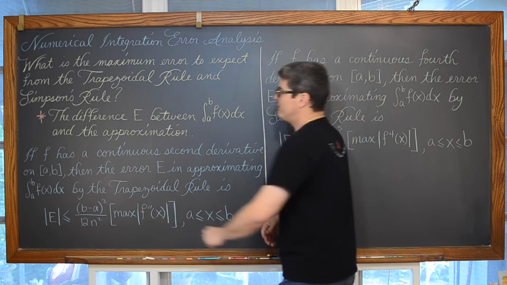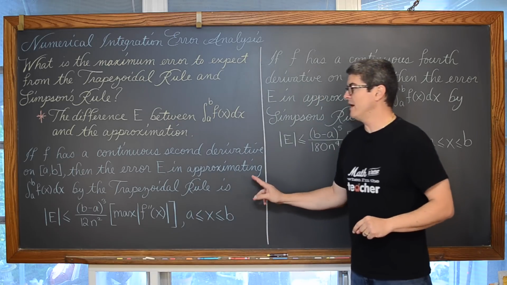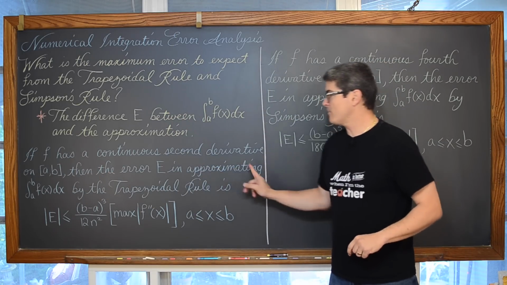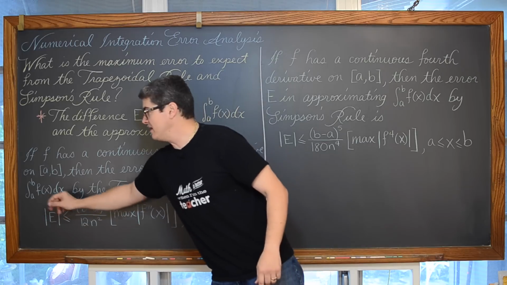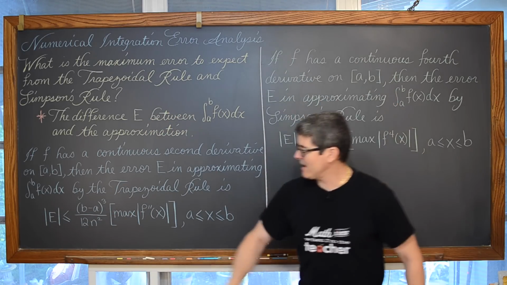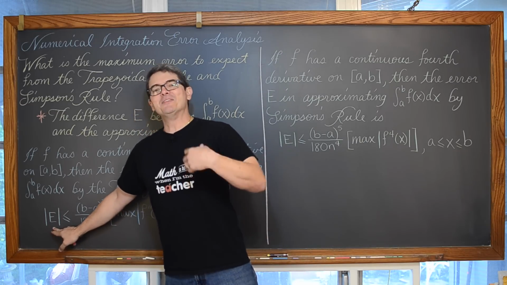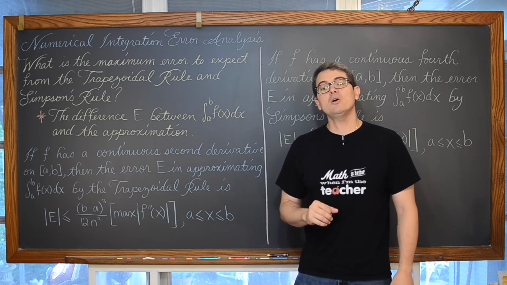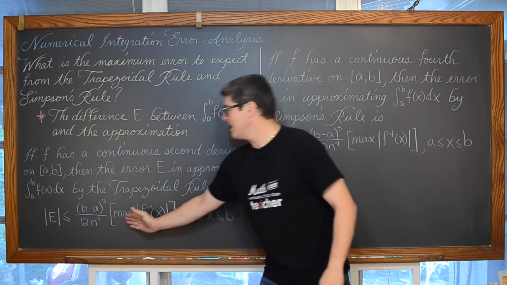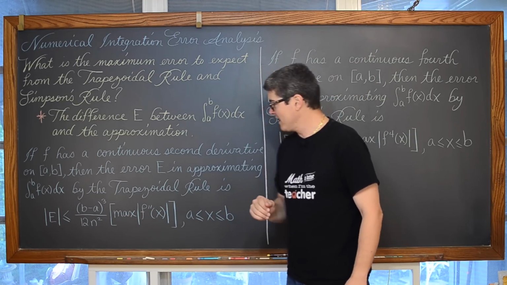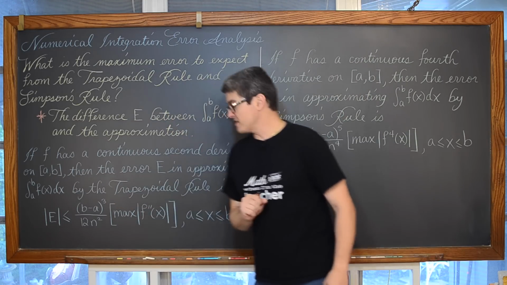So if f has a continuous second derivative on a closed interval from a to b, then the error E in approximating the definite integral from a to b of f of x dx by the trapezoidal rule is, in absolute value, less than or equal to (b minus a) cubed over 12n squared times the maximum value of the second derivative on that closed interval.